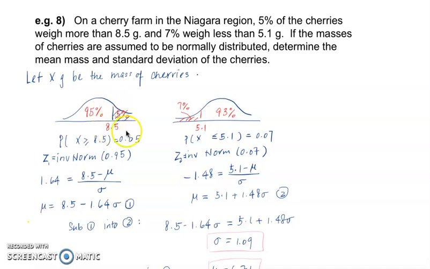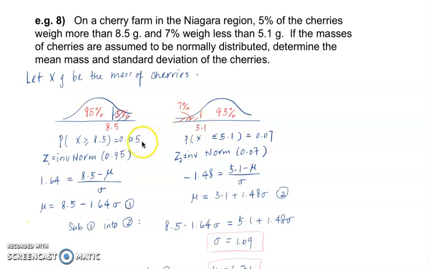So 8.5 will naturally sit on the right side of the graph, leaving 95% of the cherries weighing less than 8.5 grams. And then the second statement says that cherries with 7% weigh less than 5.1. So with a weight of 5.1, only 7% of the other cherries will weigh less than this. So we're on the left side, okay, on the normal distribution curve.